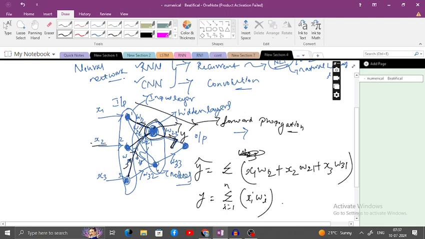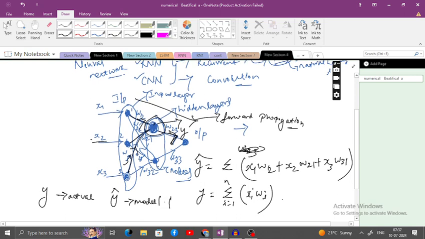So this is the output. Already you have the actual output Y. This is actual and Y bar is the predicted model output. Now what is the loss function? Just like in machine learning, here also you have to find out the loss or the error.